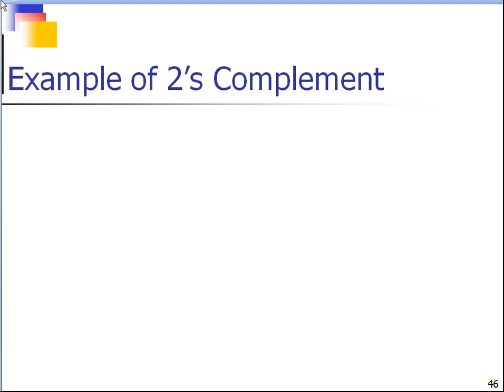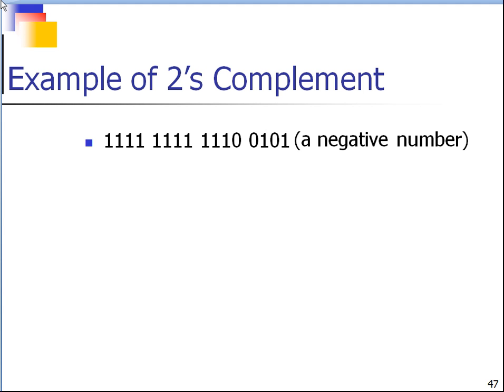Here's an example. Let's start out with this negative number. How do I know it's negative? The 1 in the leftmost position. Let's flip the bits. The 1 becomes a 0. The 0 becomes a 1. The 1 becomes a 0.